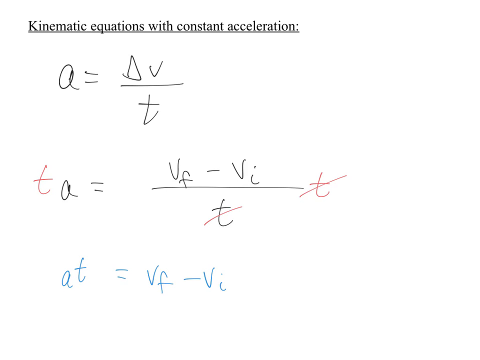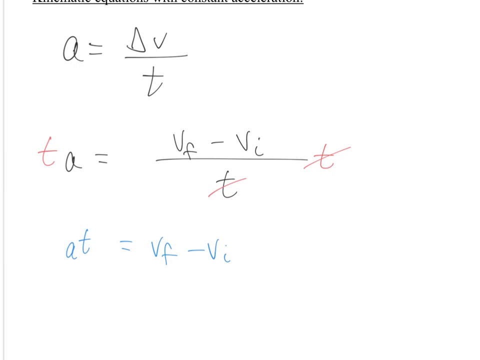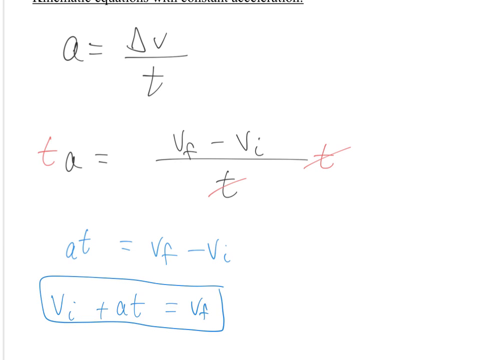The way this formula is traditionally written, and I'll explain why in a moment, is by adding the Vi over here. How do I get this? I add Vi to both sides. This is why in your summer math packet, I pushed you to solve equations with only variables and no numbers. You're doing it right here to show this.